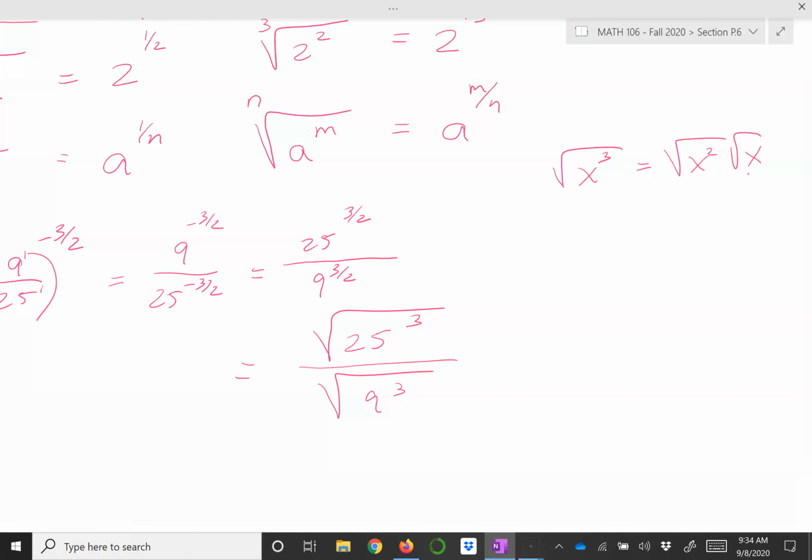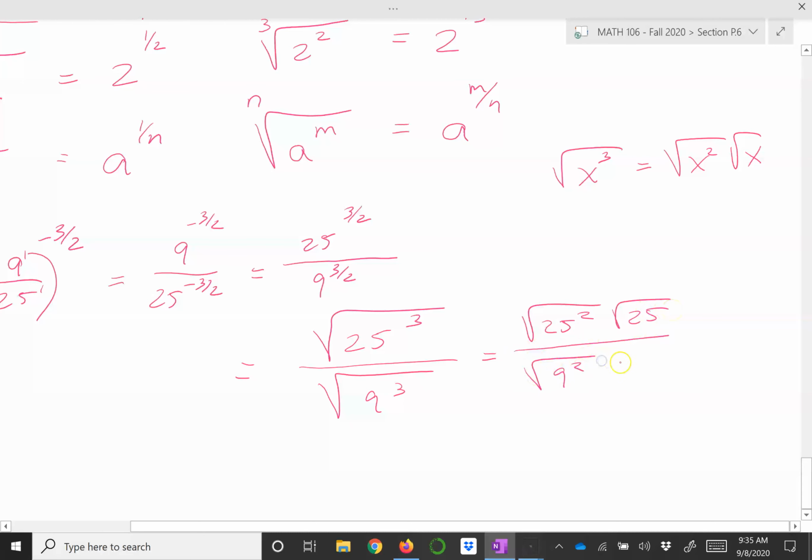Yeah, because variables are just replacements for numbers. So this radical in the numerator becomes the square root of 25 squared times the square root of 25. And then in the denominator, we do the same thing: the square root of 9 squared times the square root of 9.